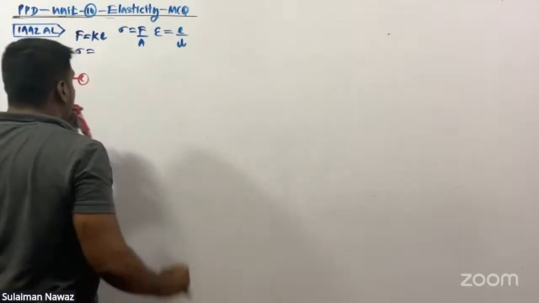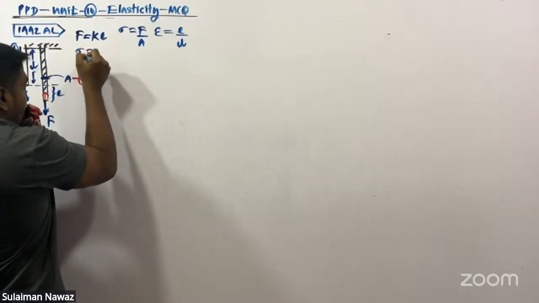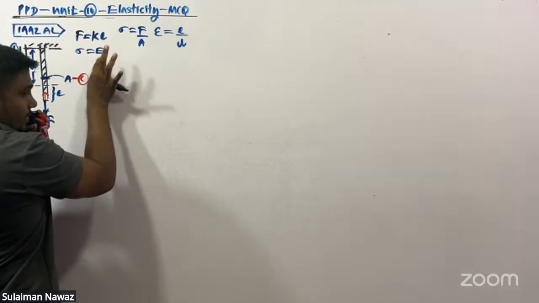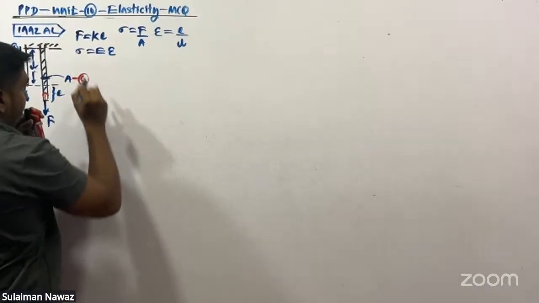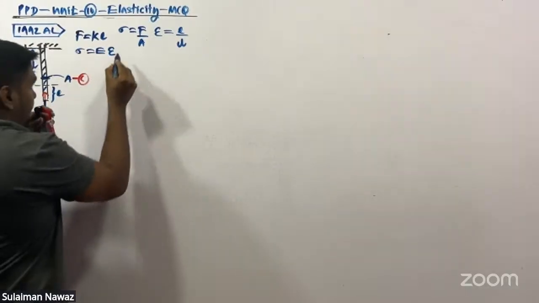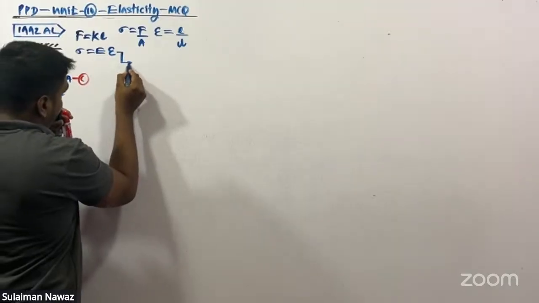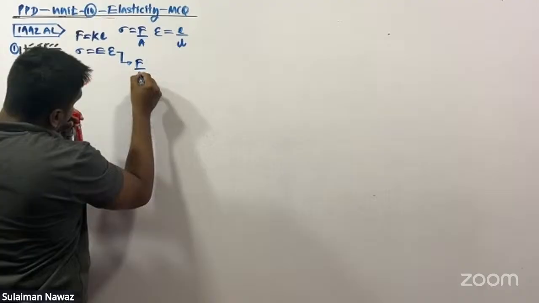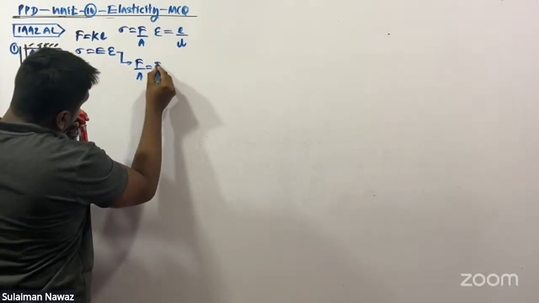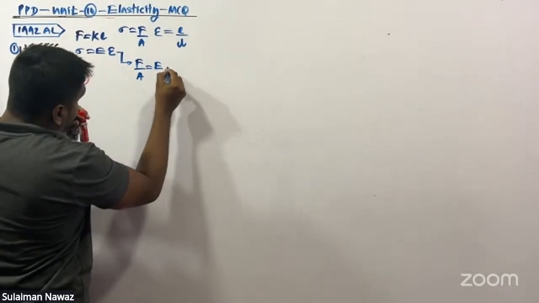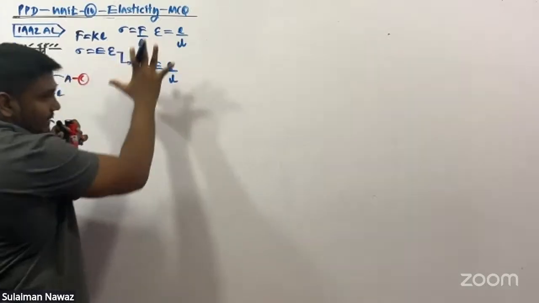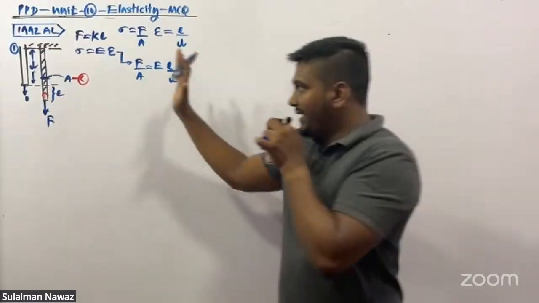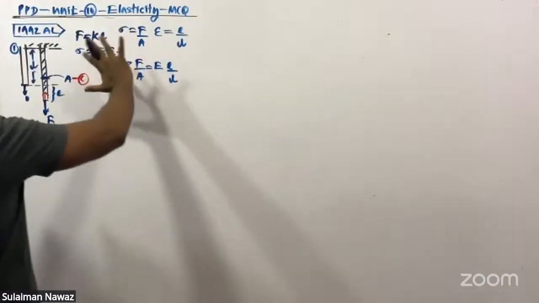The most important equation is stress equals Young's modulus, the elastic modulus, into strain. From this equation we derive that F over A equals Young's modulus into change in length over L. We can do any questions based on these few equations.